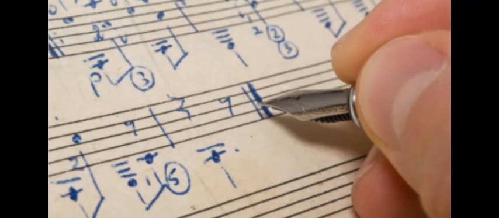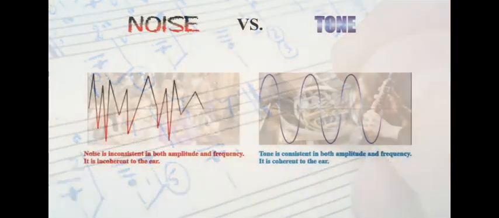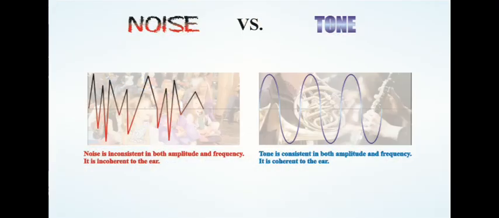Our ears perceive the world around them in terms of sound waves. When the waves are chaotic, inconsistent, and incoherent, our ears categorize them as noise. When the waves are organized, consistent, and balanced, our ears categorize them as tones.